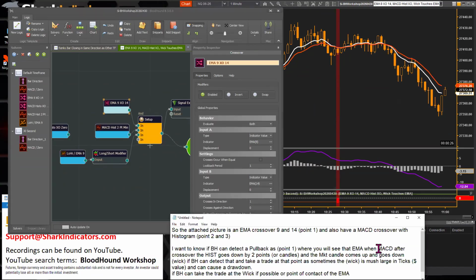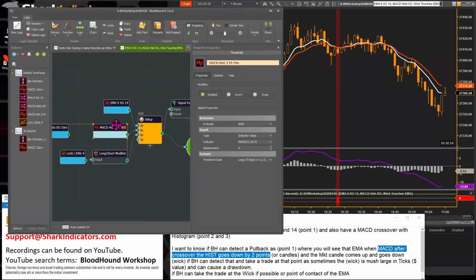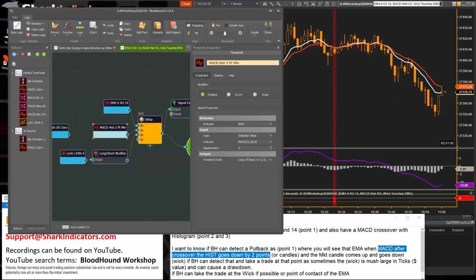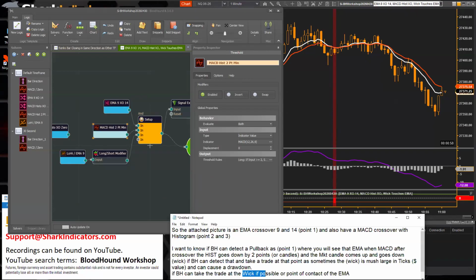We have the MACD histogram, where the histogram needs to have a value of 2 or greater, or -2 or less, and that's the threshold solver in the middle there. And the last component is we need a wick to touch that EMA to actually fire off that signal.